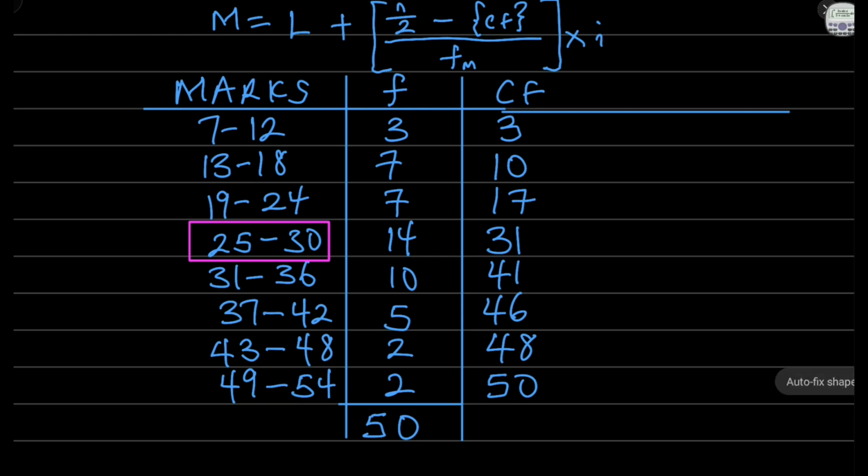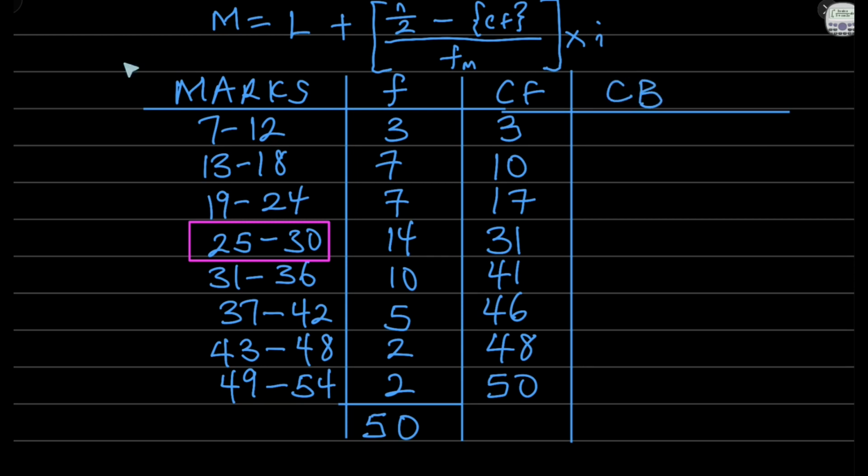So let me do that quickly, though I really don't need to do that for everything since our interest is just the median class. But for the sake of this example, let me just put it up. So I can just create another column and call it the class boundary, CB.